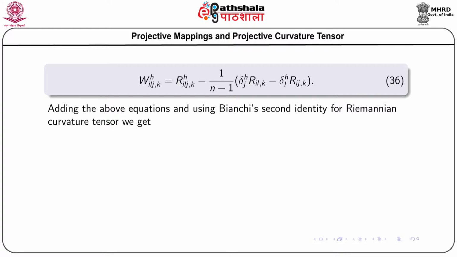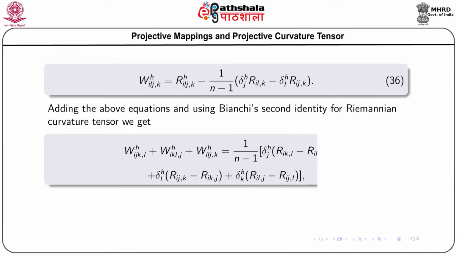and using Bianchi's second identity for the Riemannian curvature tensor for the first term, that is for R^h_{ilj,k} etc., we get this value: W^h_{ijk,l} plus W^h_{ikl,j} plus W^h_{ilj,k} equals this expression.